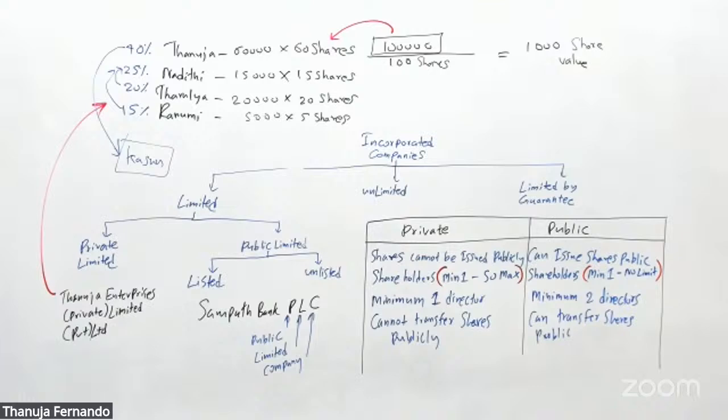Right. The next one, liability is limited. Well done, right? Then having a legal personality. Having continued existence.